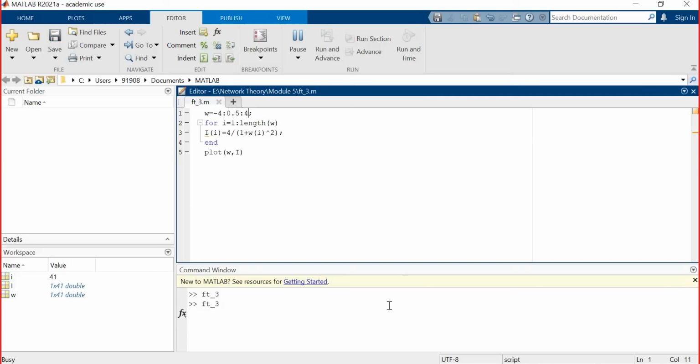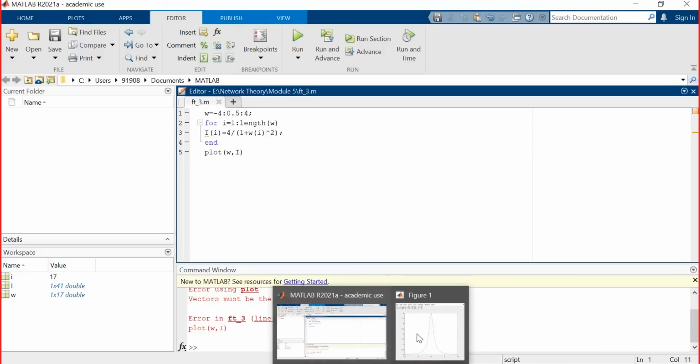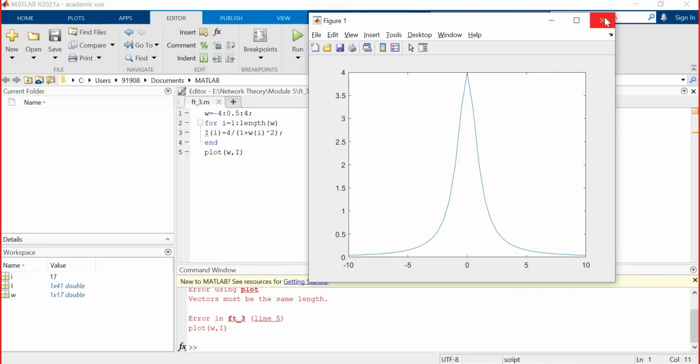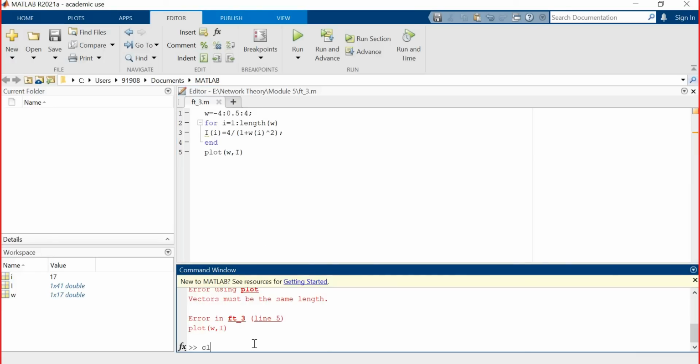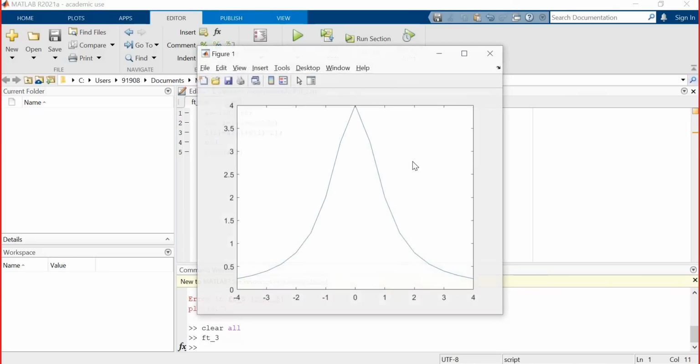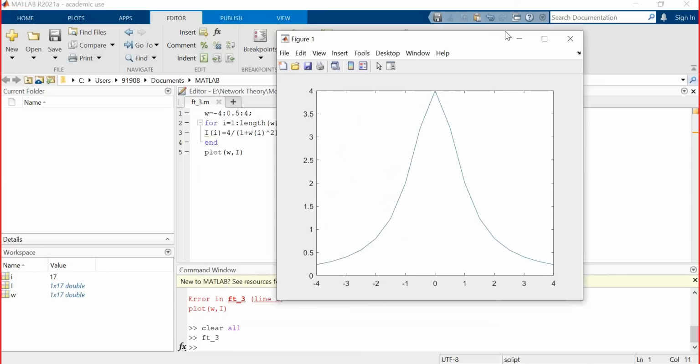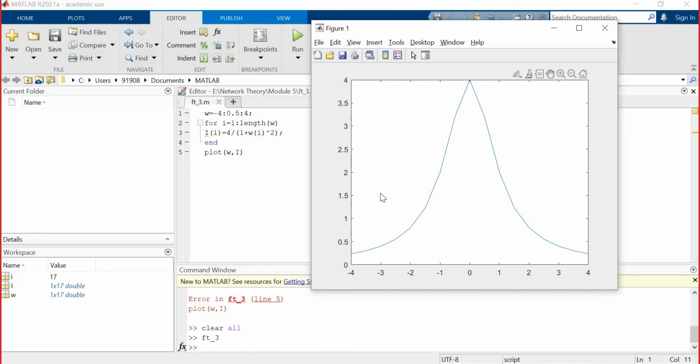So again, it's symmetric. Let me clear. See, the previous values are retained, so it is giving error, vector size mismatch, but I cleared the previous variables.